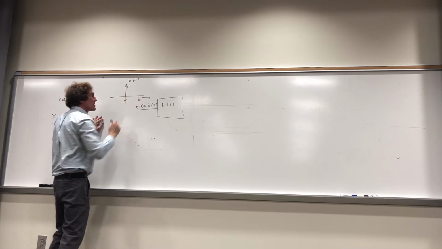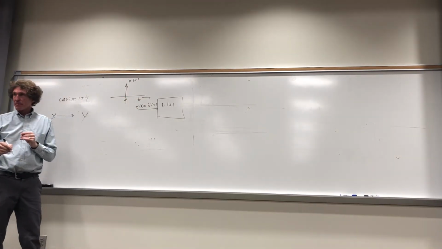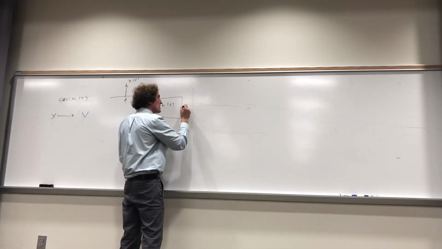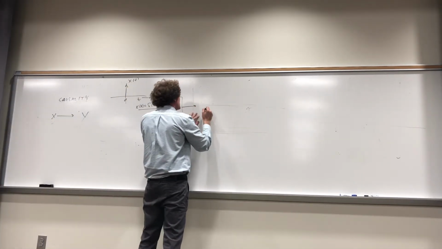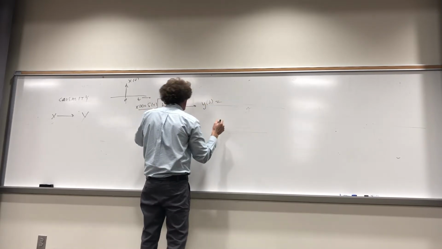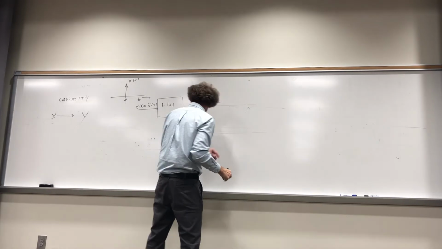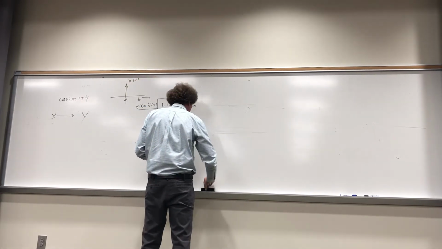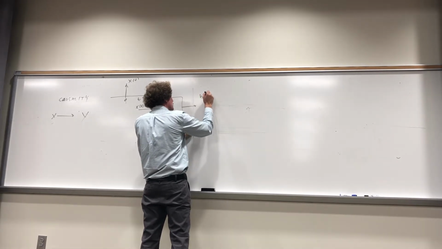Do you all agree? That's the input. The output here could be anything. In this case, my y of t would be the convolution, but let me just put h of t down here. I won't even put y of t because it's an impulse. I'll just say this is h of t.